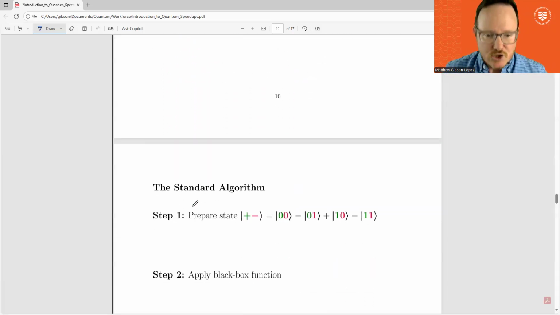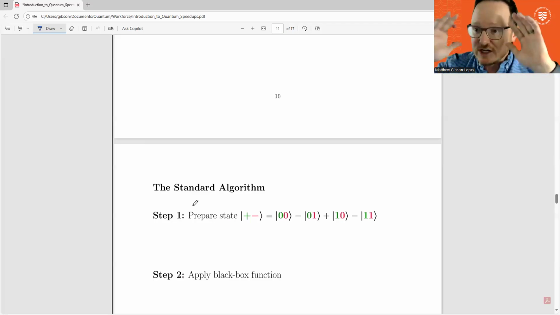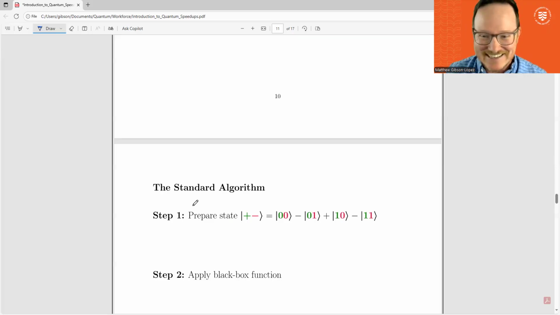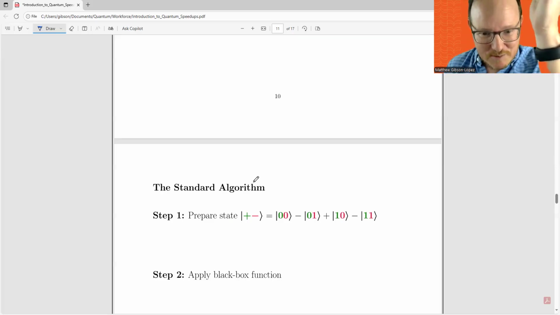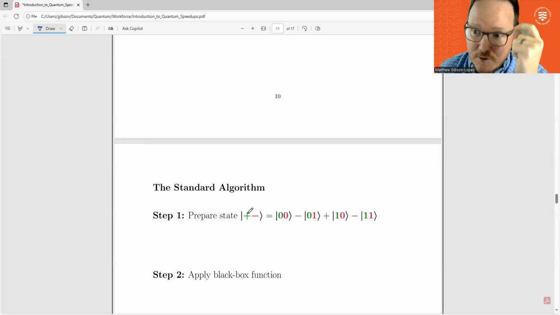So this is the standard algorithm. First, I'm just going to show you the way it always appears in textbooks. According to textbooks, you prepare the state plus minus. You prepare the input qubit in the state plus, where the signs agree, and the output qubit in the state minus, where the signs disagree: +1 for the 0 and -1 for the 1.